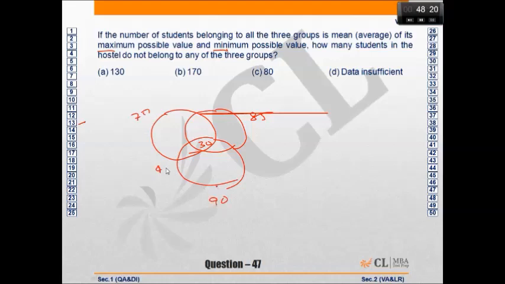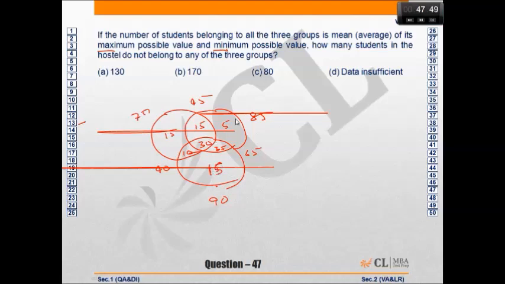This was 40, this was 65, this was 45. Let me just confirm. 45, 40 and 60 is fine. So what does this become? This becomes 10, this becomes 35, this becomes 15. So 45, 55, 65, 70, this is 15. So 65, 70, 80, this is 5 and this becomes 65, 75, 15.